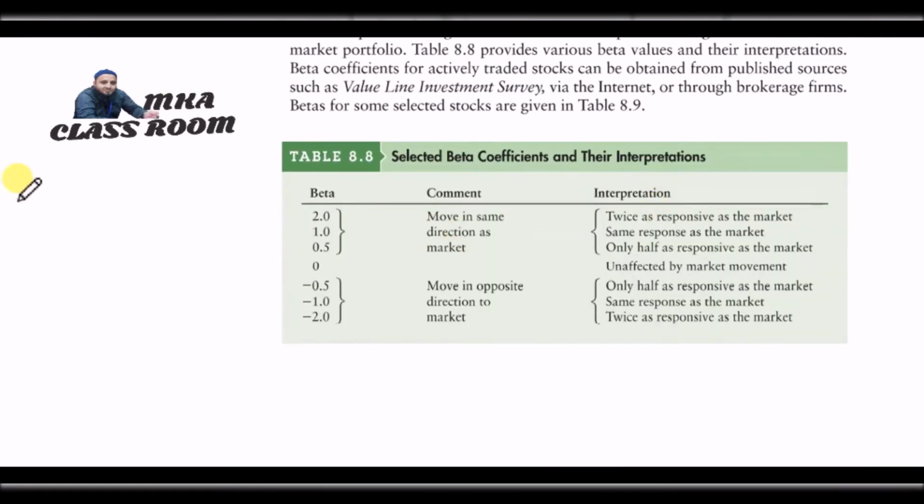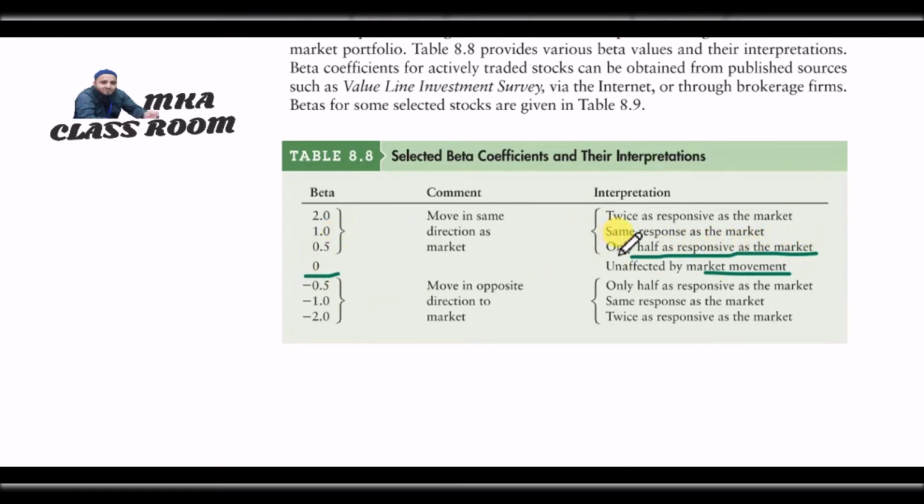So here is a simple table to understand. Whenever beta is 0, it is unaffected by the market movement. Whenever beta is 0.5, it moves in the same direction as the market, only half as responsive as the market.